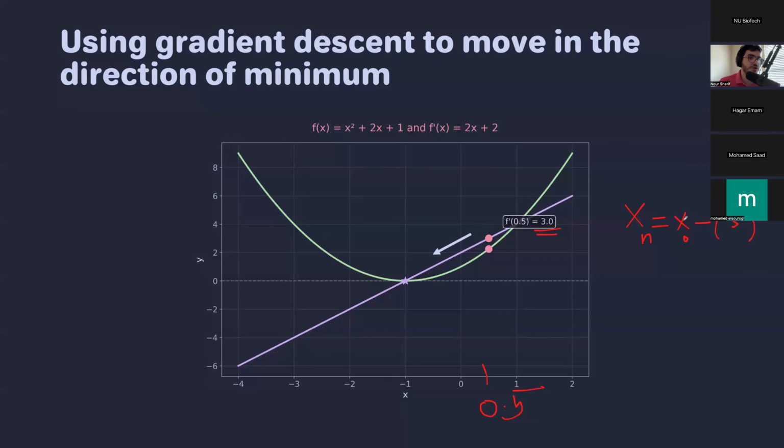So now you know that the new value is moving in the negative direction because it's subtracting 3 units from the old one. So if this was your 0.5, then you need to move towards the left in this direction so that you approach the minimum. Does that make sense?